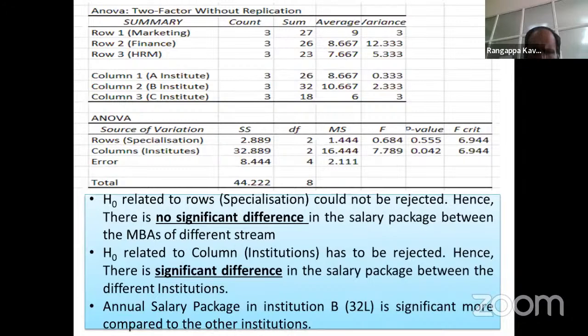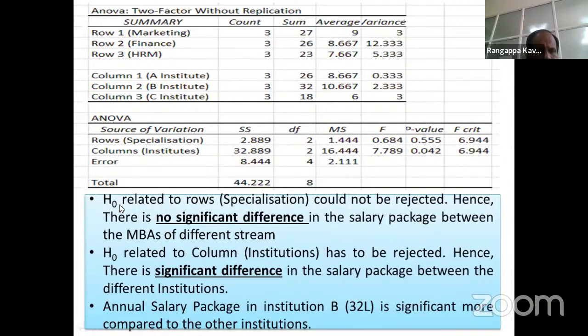In the columns, let us assume that we have taken the institutions, that is A institution, B institution, C institution. For the rows, the calculated F value is 0.684, and for the other variable in the columns, institution, it is 7.789. I have consolidated the results here.